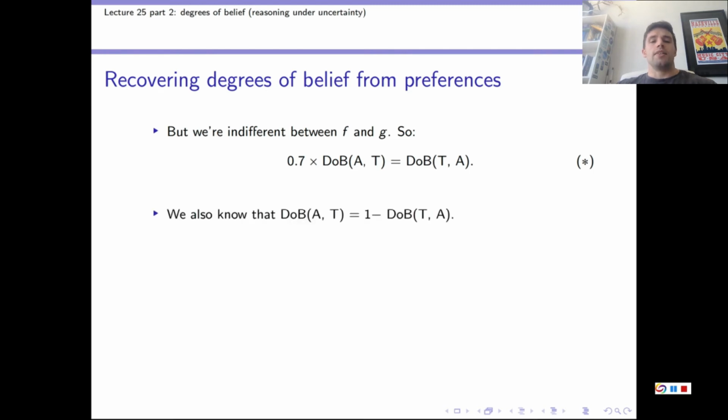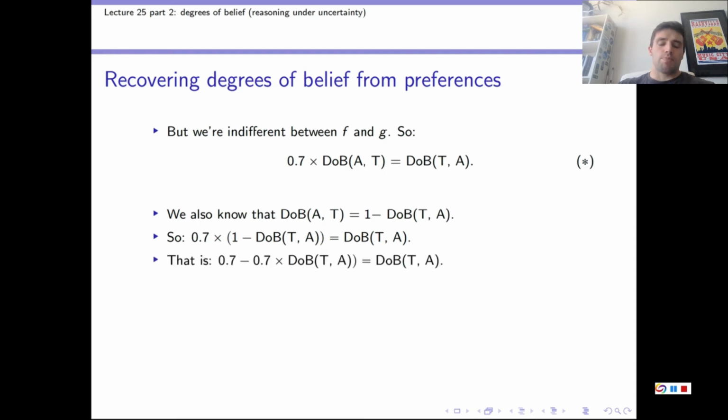That is, degree of belief in AT equals 1 minus degree of belief in TA. Substituting this into equation star, we see that 0.7 times (1 minus degree of belief in TA) equals degree of belief in TA. When we expand those brackets, we get 0.7 minus 0.7 times degree of belief in TA equals degree of belief in TA.